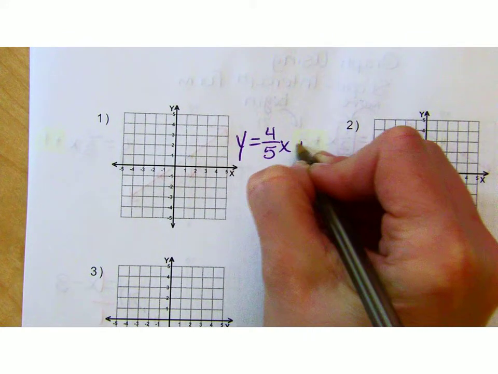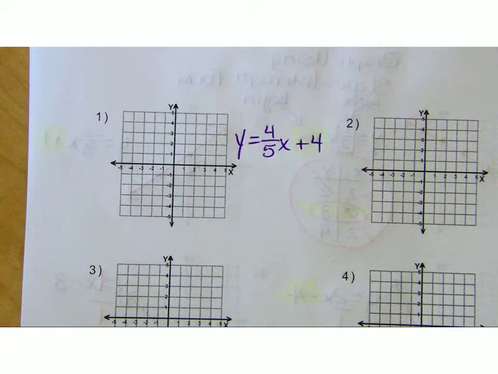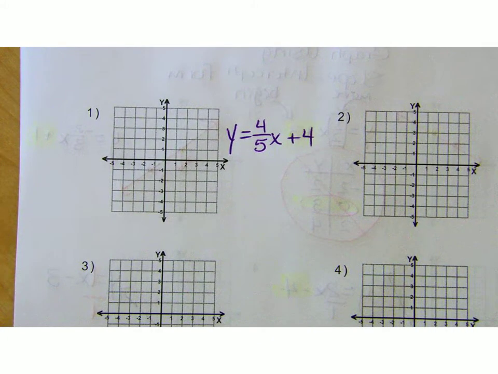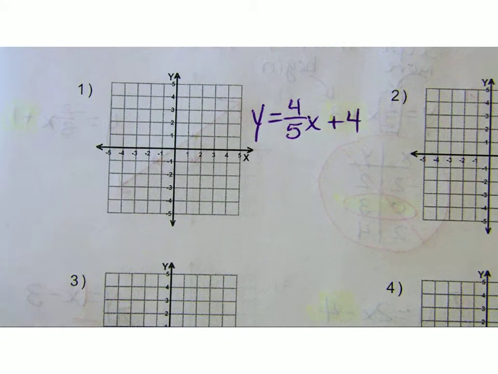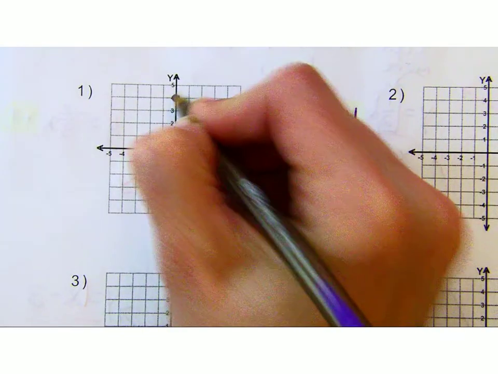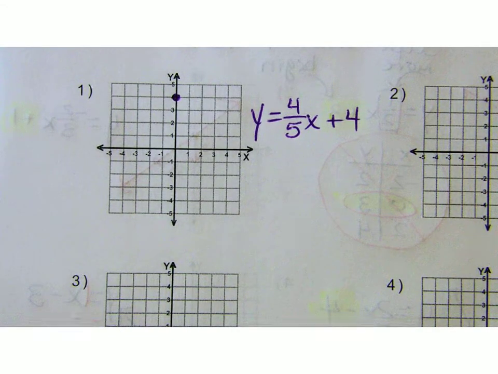Just go ahead and see what problem you run into. Yeah. That's inconvenient. What happens? You plot your 4. When you go to rise 4 and then run 5, there's not any room to rise 4.